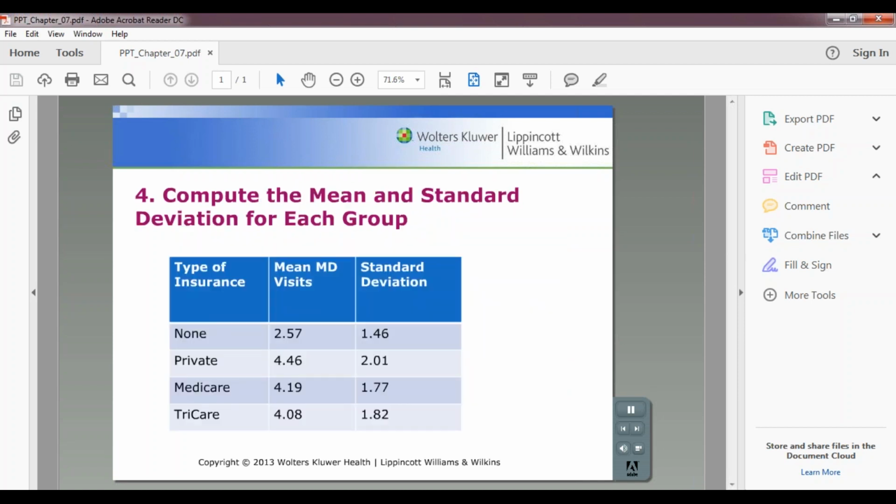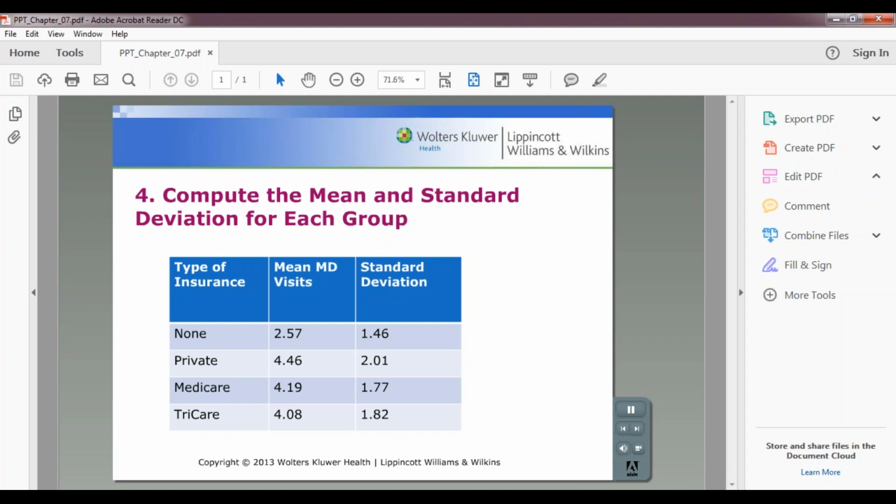If we look at our descriptive stats, it starts giving us an idea of what the data distribution looks like a little bit better. The mean number of visits for individuals who had no insurance was only 2.5 times. Those with private insurance, almost 4.5. Those with Medicare, 4. TRICARE, 4. Standard deviations around 1 to 2 for each.